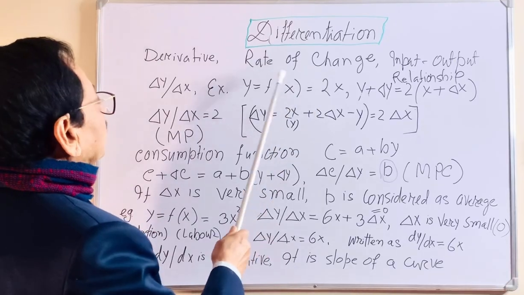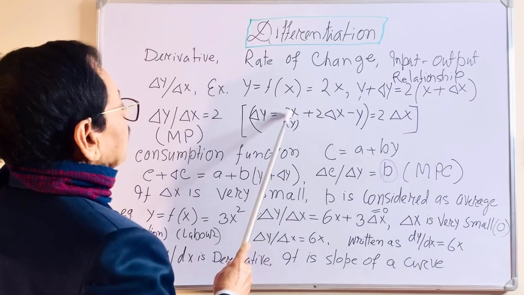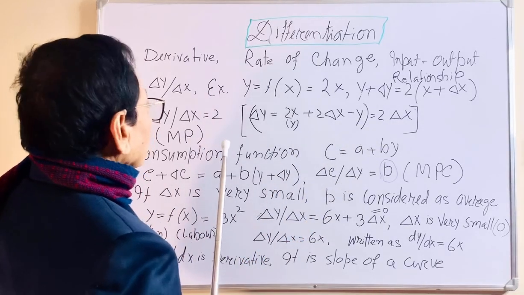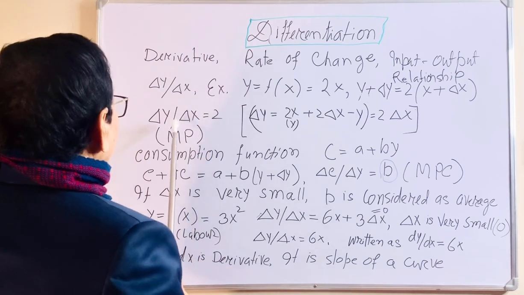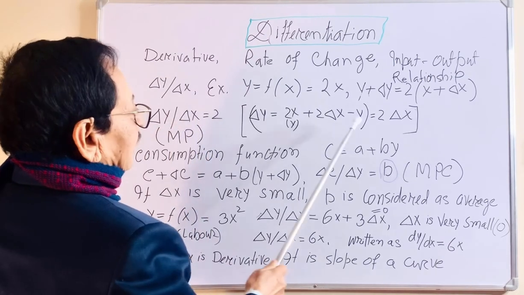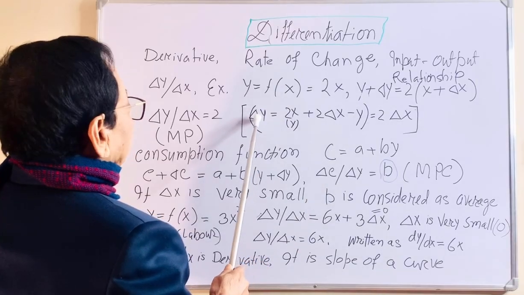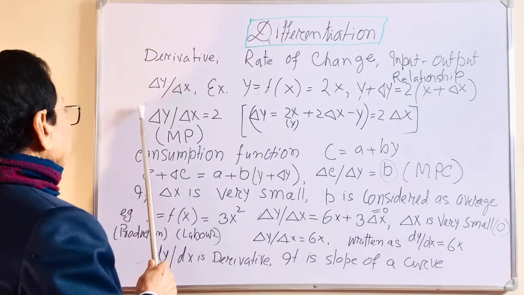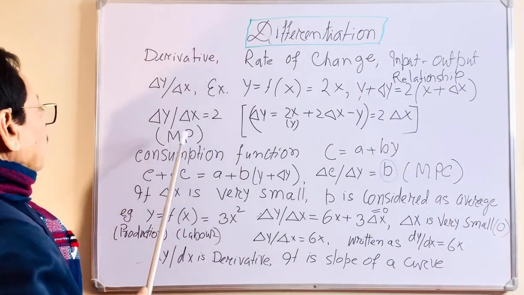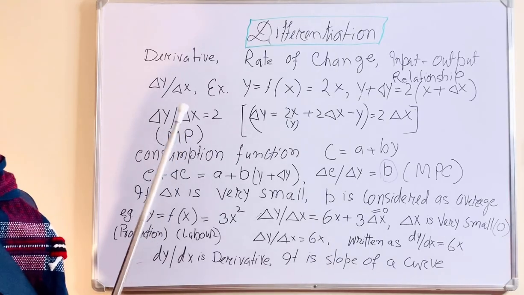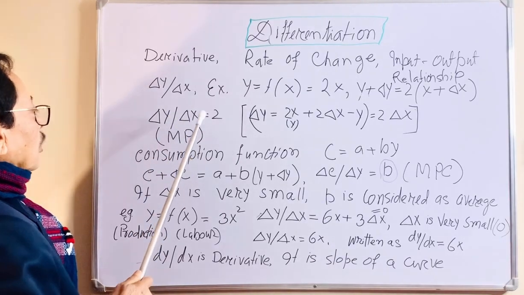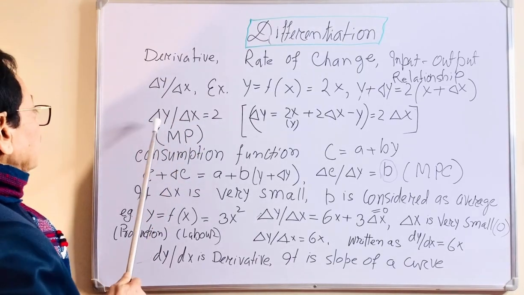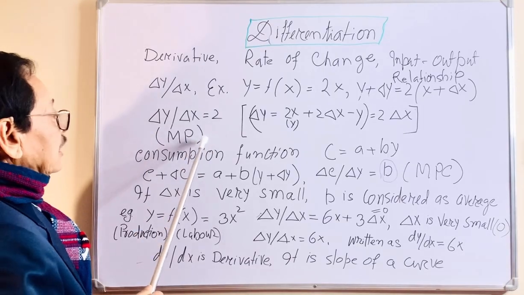For 2x we can put y, so plus y and minus y cancel, and it is equal to 2 delta x. If we divide delta y by delta x, it is nothing but 2. In an input-output relationship, this is called marginal product. That means for 1 unit change in the input, what is the change in output? That is called marginal product.